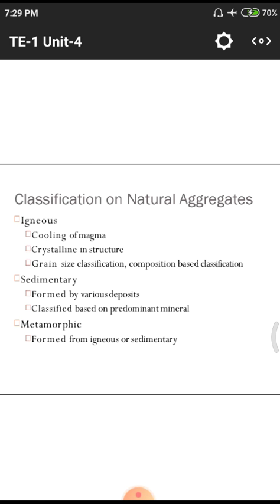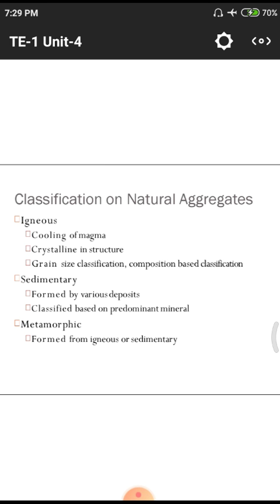Simply we need to classify a huge quantity of rocks, after that a small quantity of rocks, after that fineness values. All those things come under this crystalline in structure. If the magma is of very good and reflective nature, automatically this is a crystalline nature. If the magma is not crystalline, automatically it is not shiny, or we have to use it for another purpose of construction.